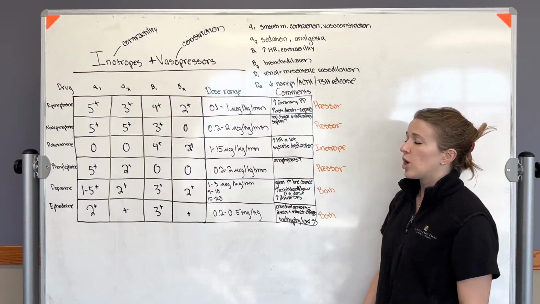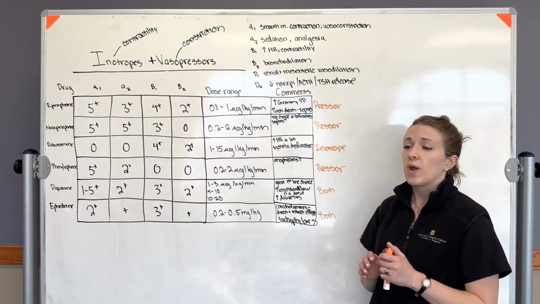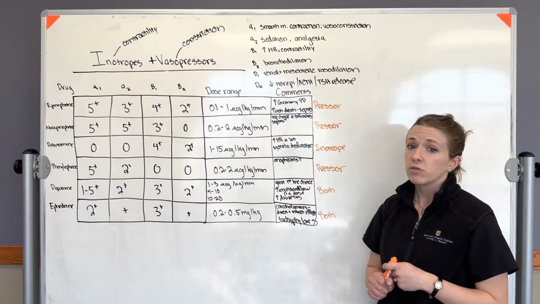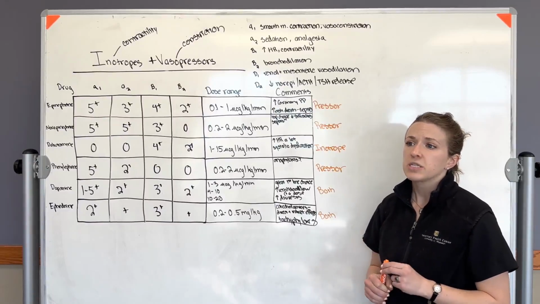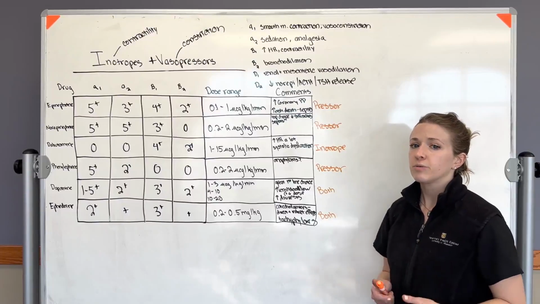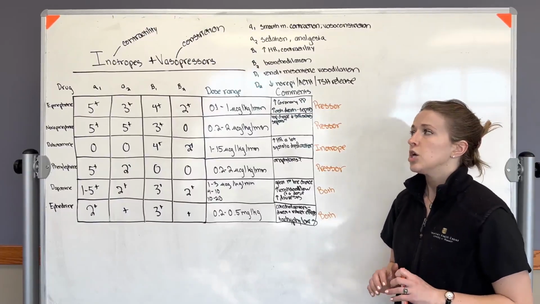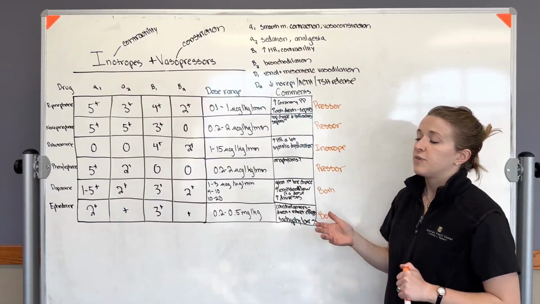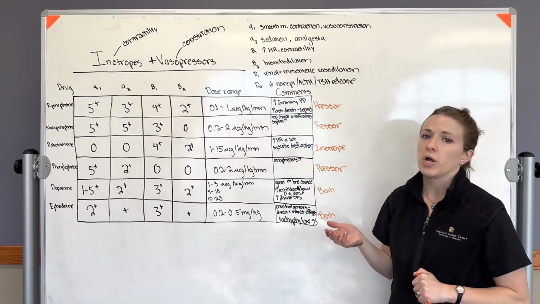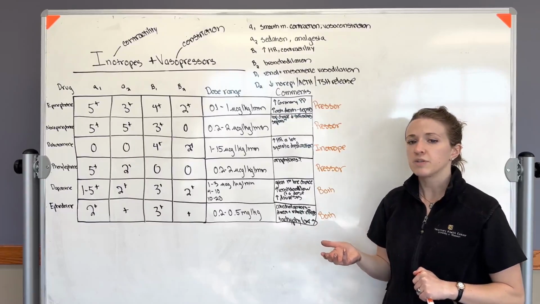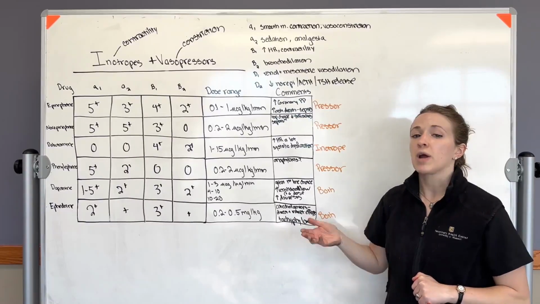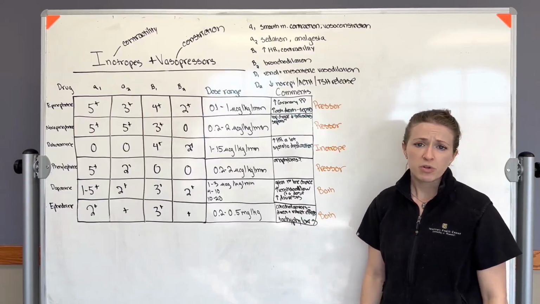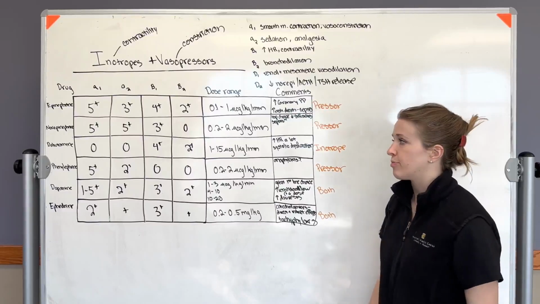Dopaminergic 1, so D1, is primarily associated with vasodilation of the renal circulation and the mesenteric, so the gut circulation, increasing blood flow to the kidney and to the guts. Dopaminergic 2 is activated much less often than some of the others, but usually when this receptor is activated, we see things like decreased norepinephrine release, decreased ACTH, thyroid stimulating hormone, etc.